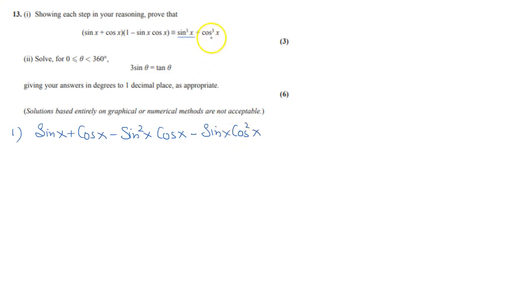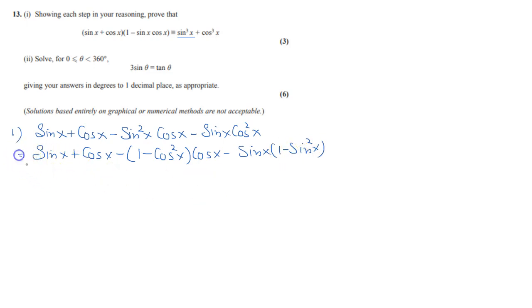Now we have to convert it into cos cube, sin cube. So cos square can be written as 1 minus sin square x. So let's try this way. Sin x plus cos x minus sin square x can be written as 1 minus cos square x multiply cos x. Yes, we are getting cos cube here. Minus sin x cos square x is 1 minus sin square x. So this is sin x plus cos x. Cos x times 1 is minus cos x.